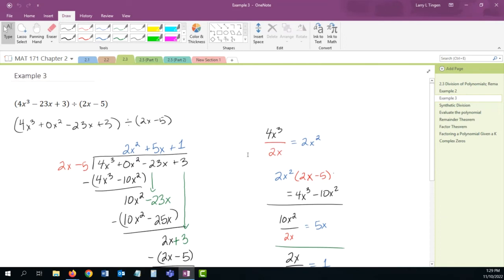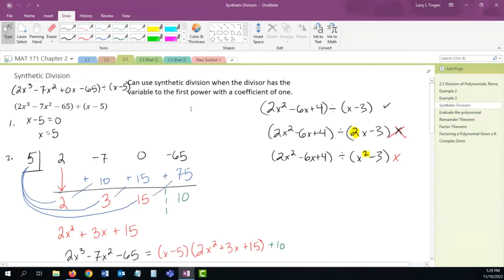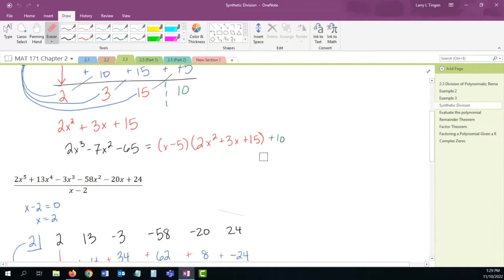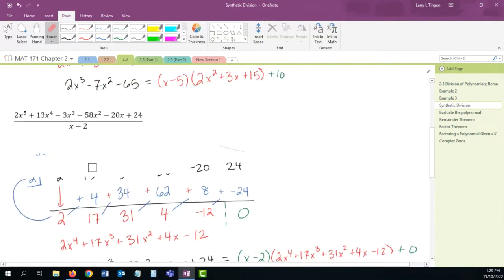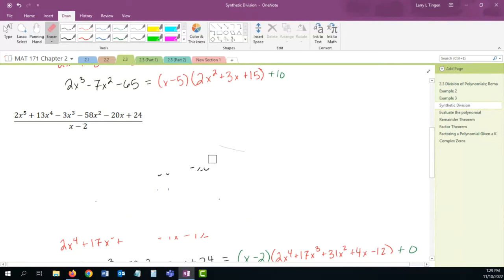So we got another one, and then let's get synthetic division worked out. So with synthetic division, we did one of these last time.